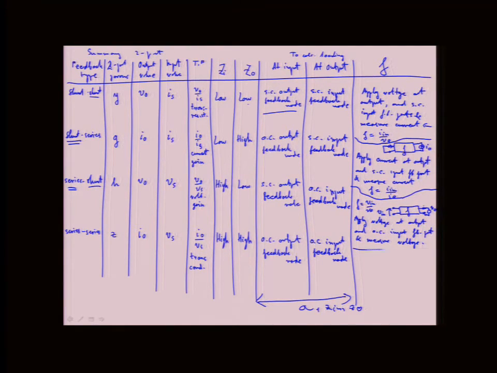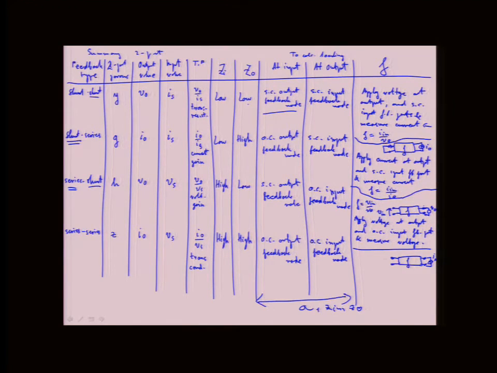Okay, the last one. We have F. It's series. So what quantity are we feeding back? Current. So here we're going to drive the feedback with I out. And then, since it's series at the input, which quantity does the feedback produce to the input, right? Voltage. And how do we measure that voltage?